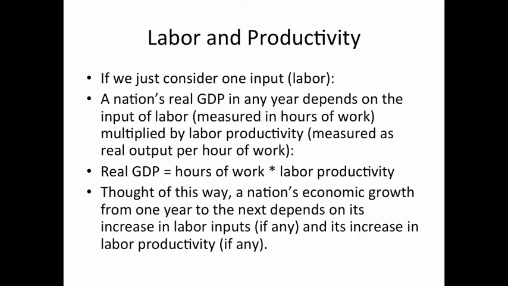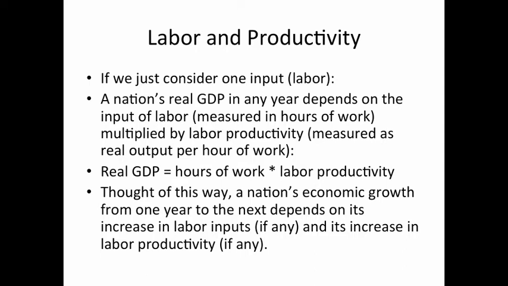So to try and simplify this a little bit, if we just consider one input, of course there are many inputs into a production process. There's labor, raw materials, capital is important, land. But we'll look at just labor, just the number of workers, just to try and keep it more simple.